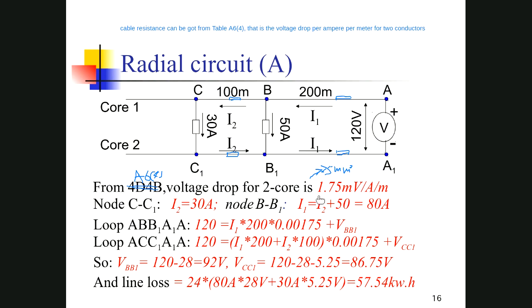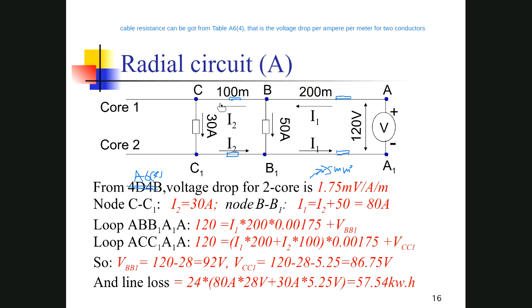So this is the resistance issue. But we do not draw it here in practice because we do not use direct resistance, but rather the voltage drop per ampere per meter values. So from the source, looking into the different loads, we look at load C, position C, node 2, using current 30 amperes, I2.